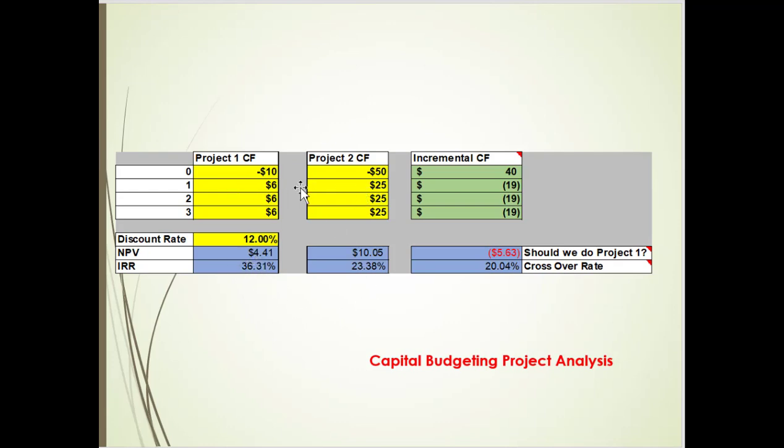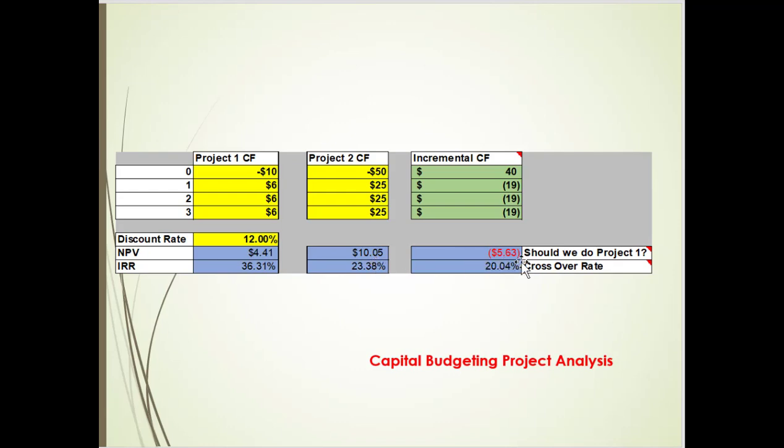So how can we analyze this? The incremental cash flow is just cash flow 1 minus cash flow 2. So negative 10 minus a negative 50 is 40. And then 6 minus 25 is negative 19. So here we have our incremental cash flows. And the net present value of the incremental cash flows is negative. What that means is Project 1 is not as good as Project 2.